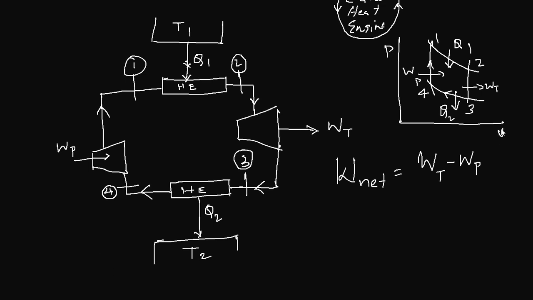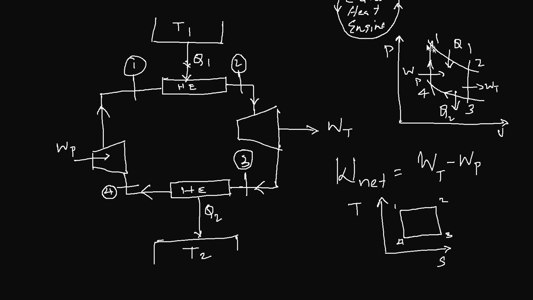If this is a PV diagram, you can also show the same Carnot heat engine on a TS diagram. We will discuss the TS diagram later on. It will be like this: 1, 2, 3, 4.